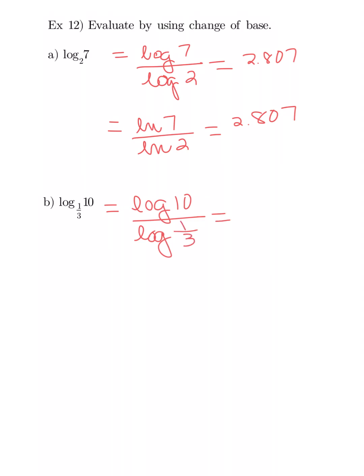With natural log, you would have natural log of the old argument 10 over natural log of the old base 1/3. Putting that into your calculator, you should get negative 2.096.